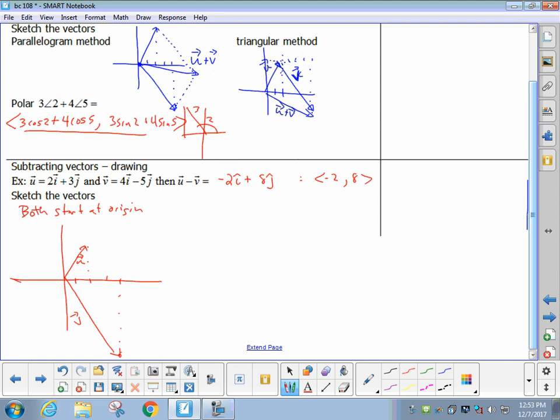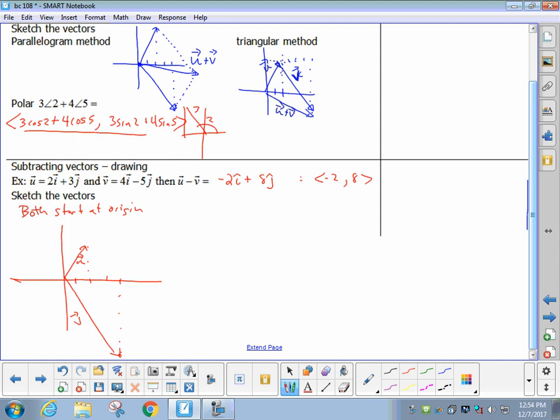Where's u minus v then on this picture? Where would I draw it in relation to these 2? Now, in a sum, the sum of those 2 is kind of in here, but instead look at connecting the 2. What would be going left 2 up 8? From the head of? The origin. No, talk to me about going from.